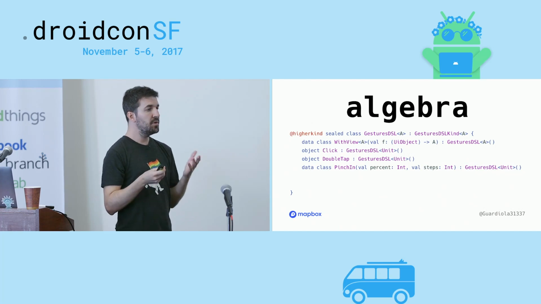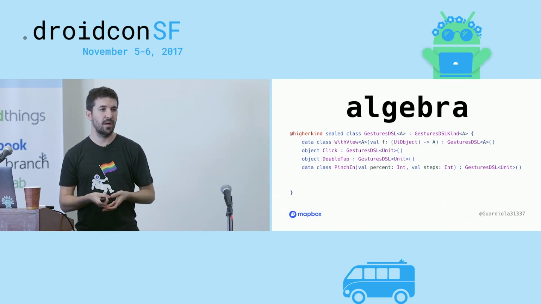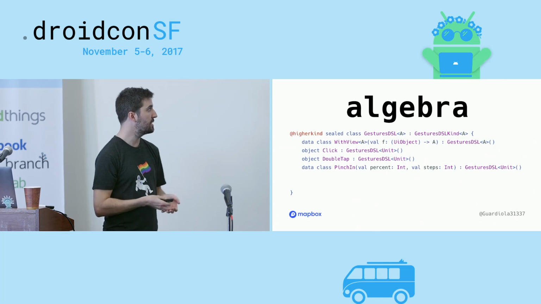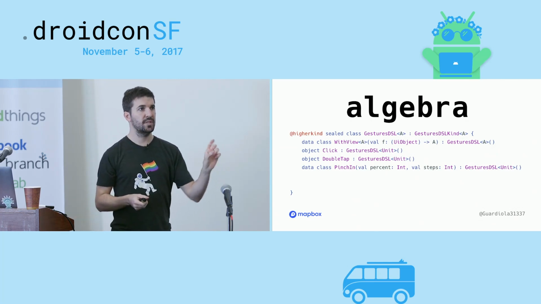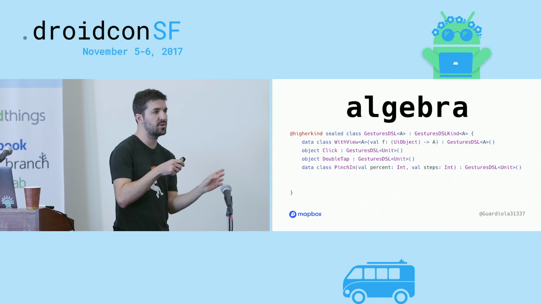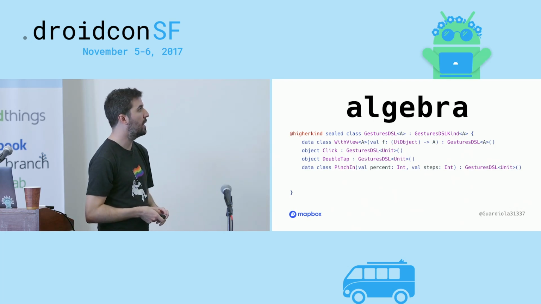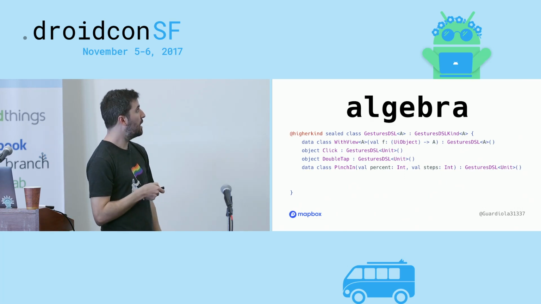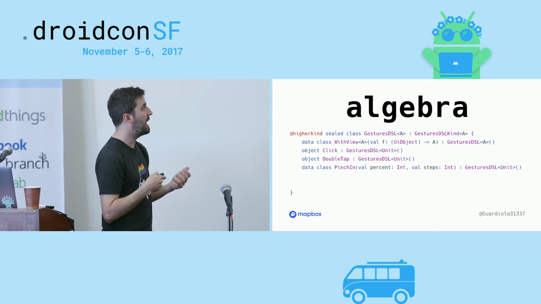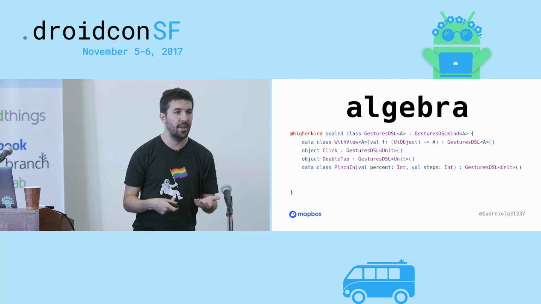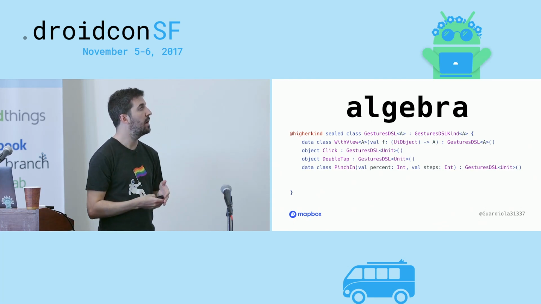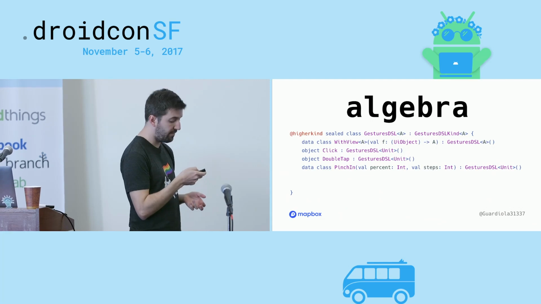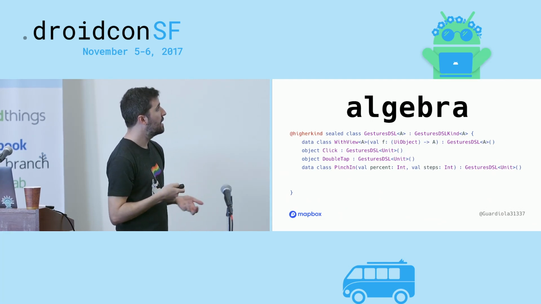And if you have done a DSL before, in Kotlin, you need to take into account how to translate this into the free abstraction. So right now, when you were writing a function, now you will write a class or an object, and the name of the function now will become the name of the object or the class, like this.